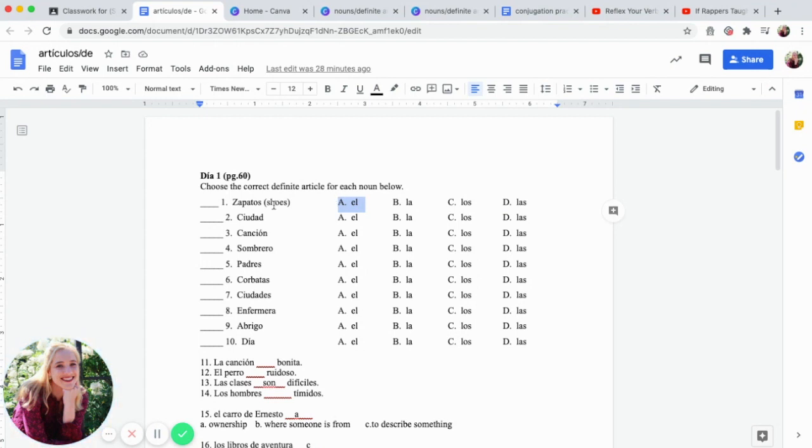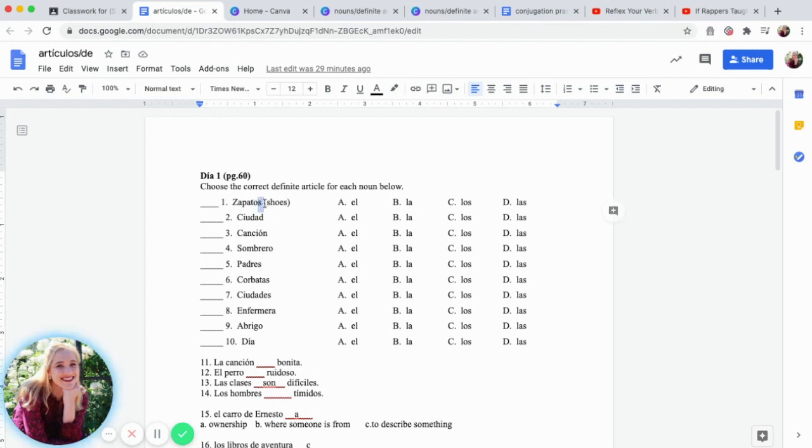So now we have to ask ourselves, zapatos, is this singular or plural? So give me an S or a P in the chat. Zapatos, is this singular or plural? What do you think? Good. So it's going to be plural. We're talking about more than one shoe. And we know that because there's an S at the end.